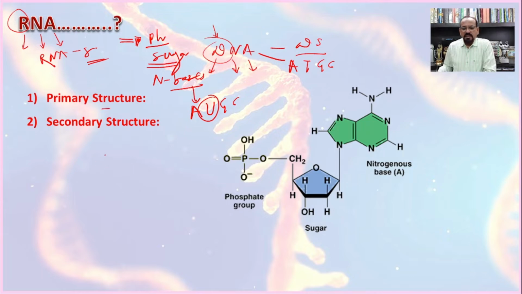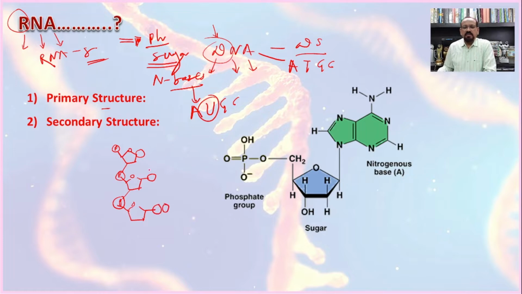As we have seen earlier in the DNA also, here the sugar, that is the ribose sugar, then phosphate and nitrogen base, again such a type of structure will be there, that is the chemical structure, and in this way there will be formation of the single strand of the RNA molecule.